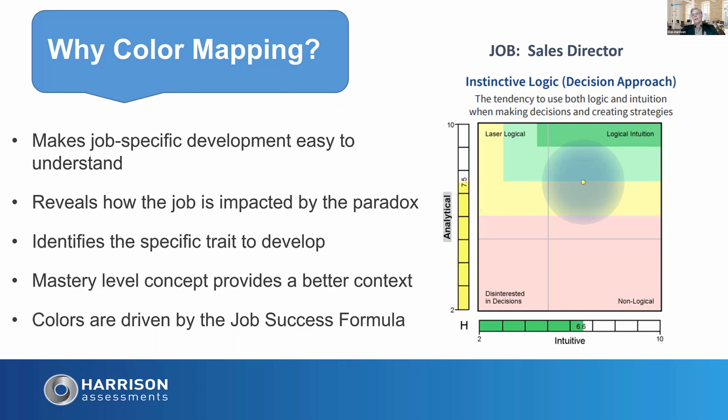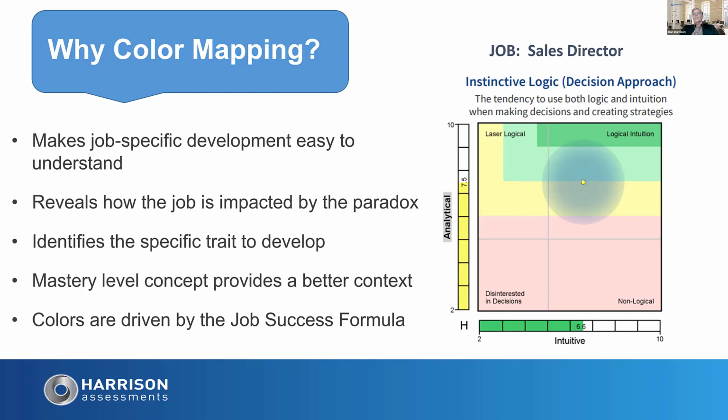If I develop the analytical, I would be going into the green, and I would be in a state of mastering this paradox better for this specific job. So it does a much better job of identifying which traits you could develop for that job, and it provides a better context.